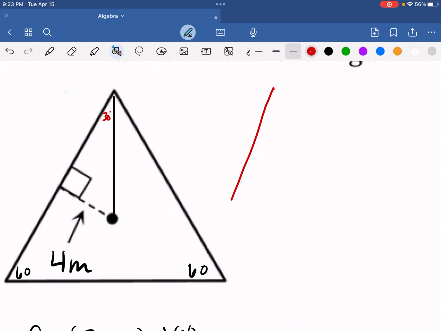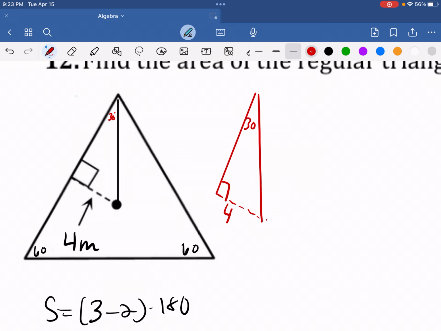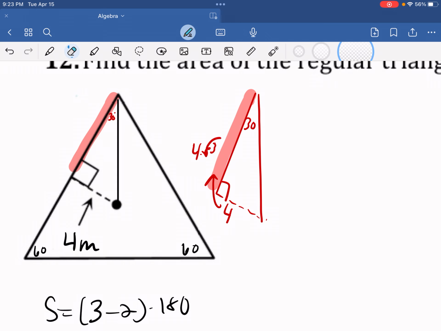If I draw it, this is 90, this is 30, you know this is 4. We care to find the outside of the triangle, so this is what we're trying to find. If you already know the side from 30, then to go that way, you multiply by radical 3. So it'd be 4 times radical 3, and then you get your answer.